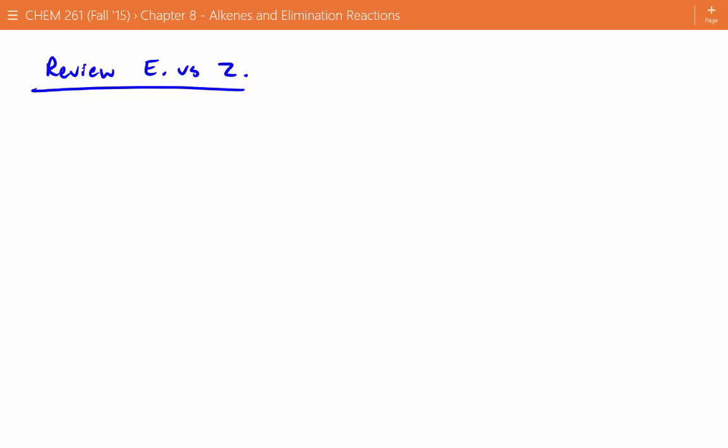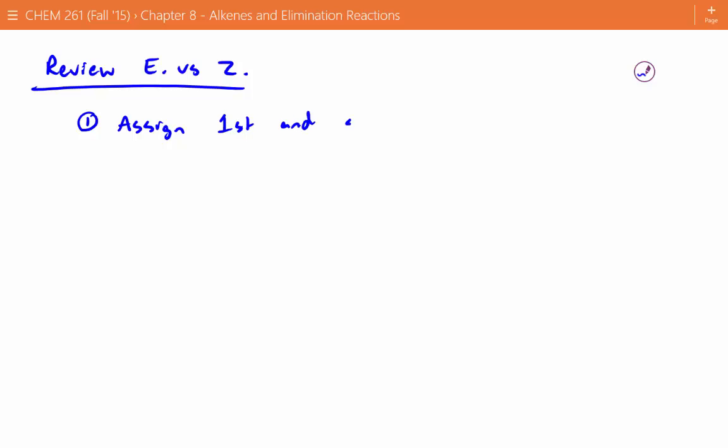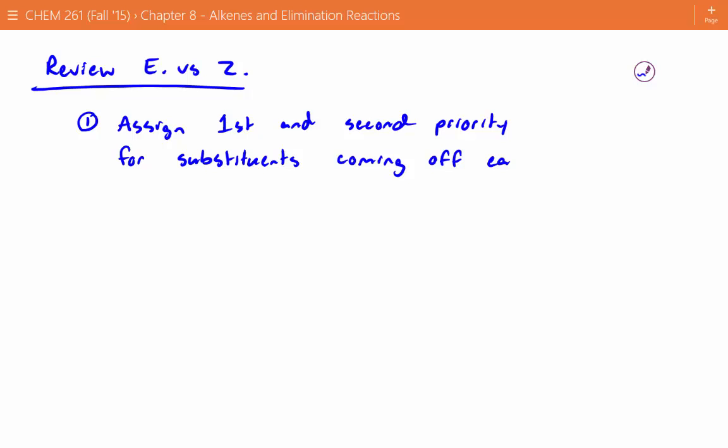Hold on a second. I had some examples written down. Here we go. Number 1 is assign first and second priority for substituents coming off each carbon, meaning each carbon in the double bond.